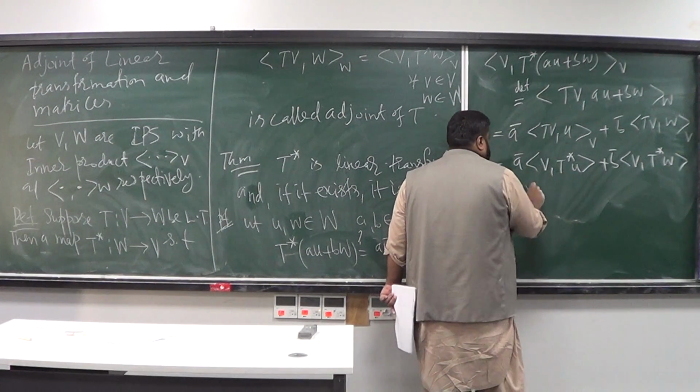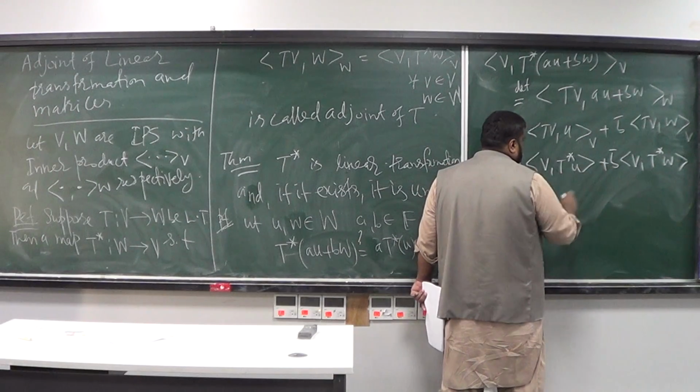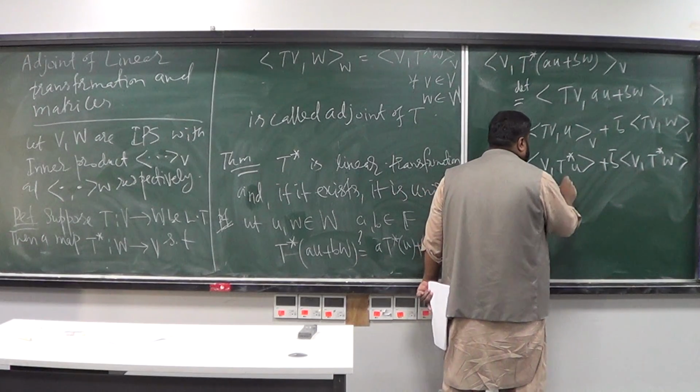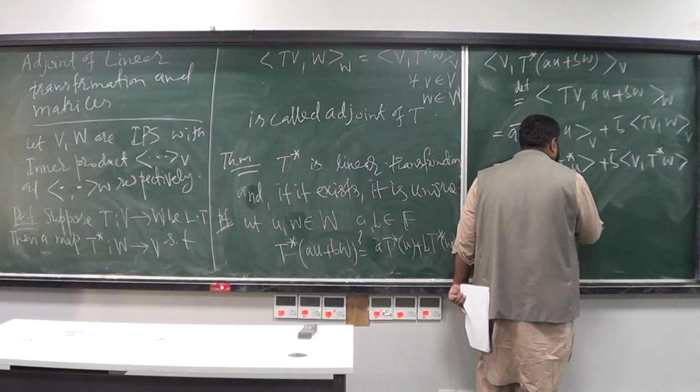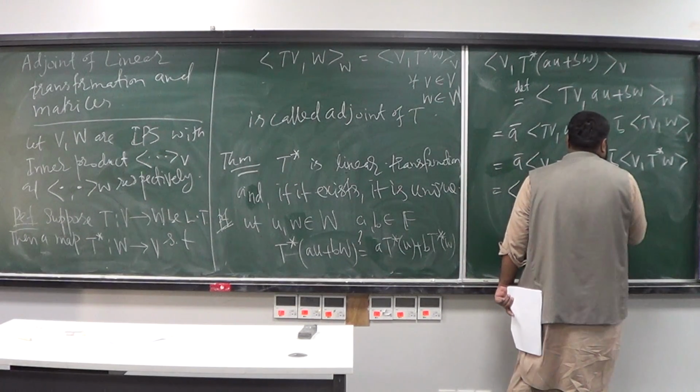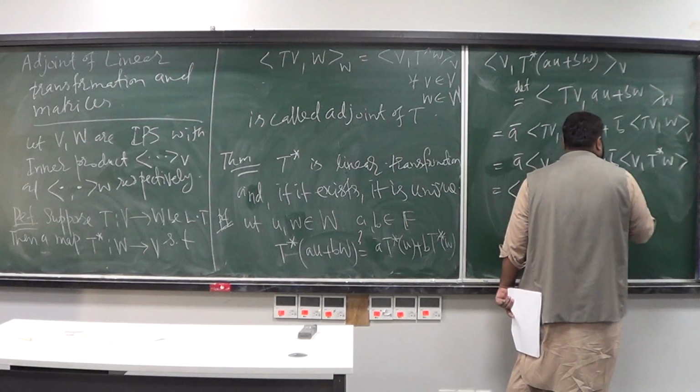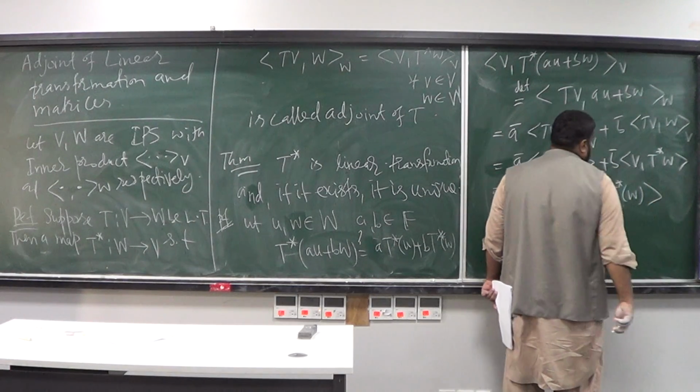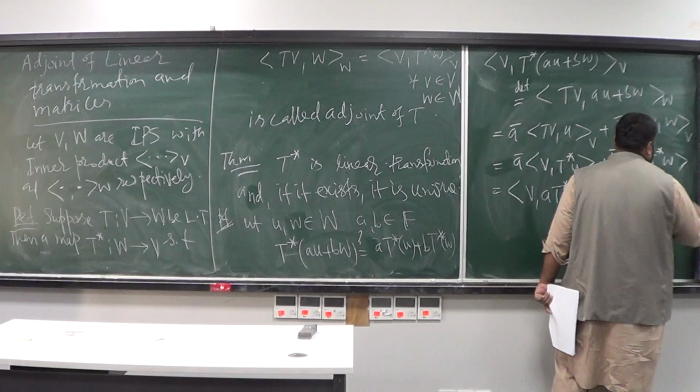So you're going to get V and put them together: V, a T star of U plus b T star of W. Okay, and this is true for all V in V.